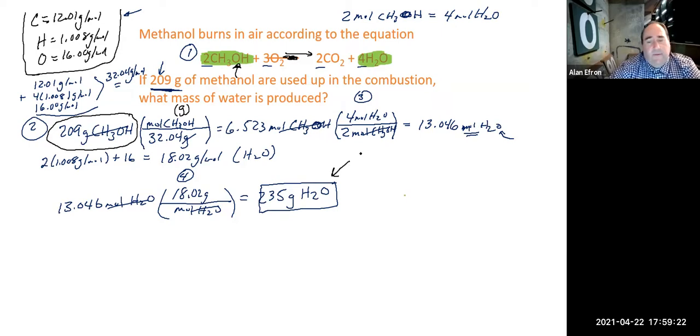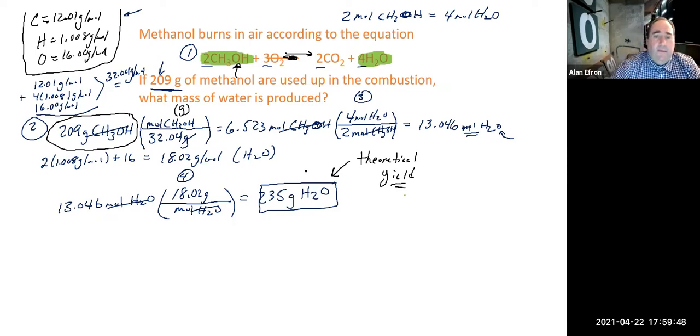This is what is also sometimes referred to as the theoretical yield. Yield meaning produced, basically. So this is ideally the maximum amount of water you would produce in this reaction if you started with 209 grams of methanol. Any questions on any of those steps there?